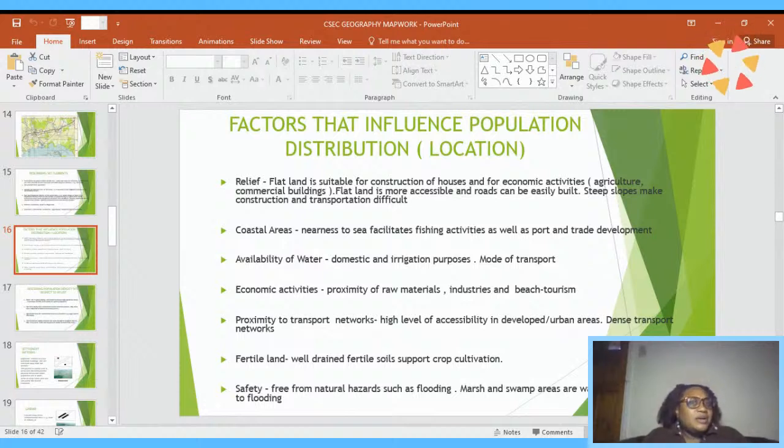Everyone understand what I'm saying? So if, for example, you describe an area on a map and you see that this location has flat land, which makes it easier to build, give an exact location using a grid reference, or you can use a four-figure grid reference that gives you a general area.